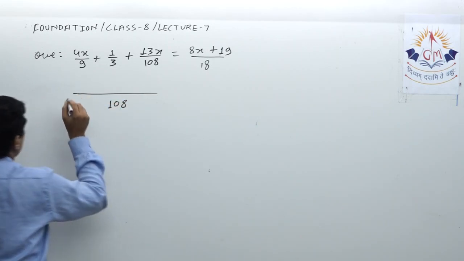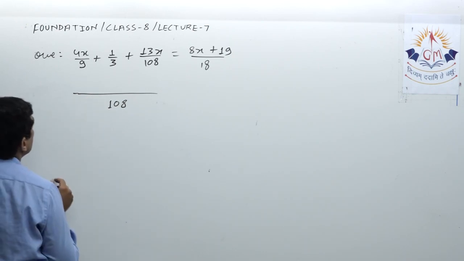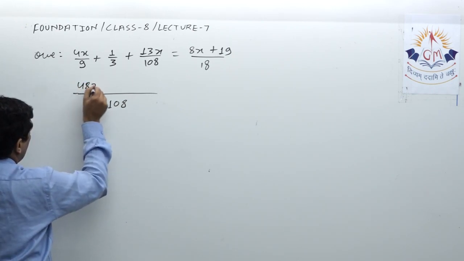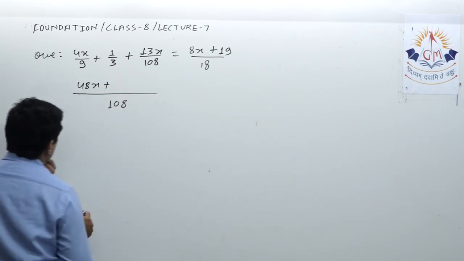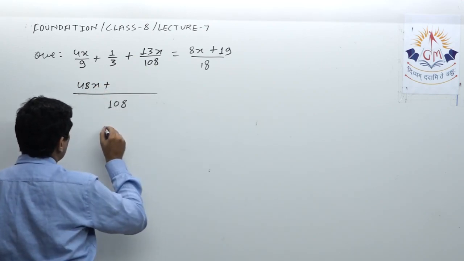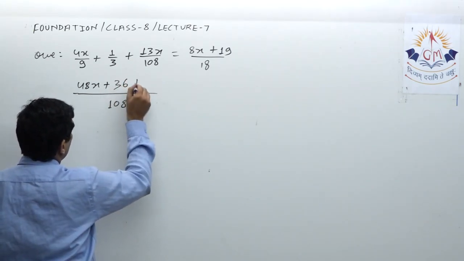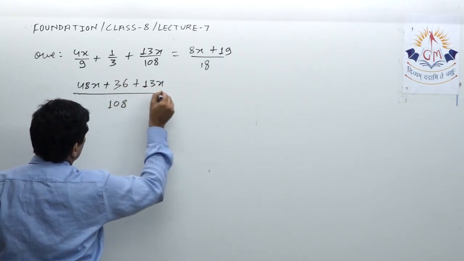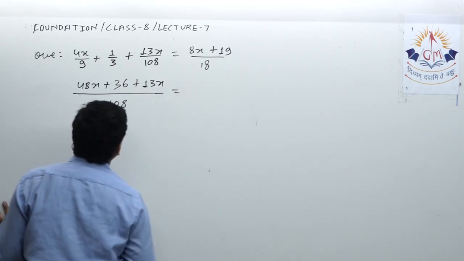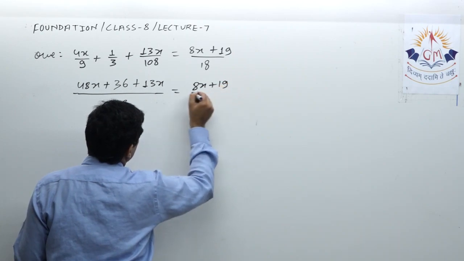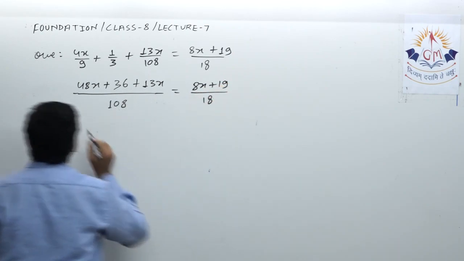Now here I can write 48x plus 36 plus 13x is equal to (8x plus 19) upon 18.